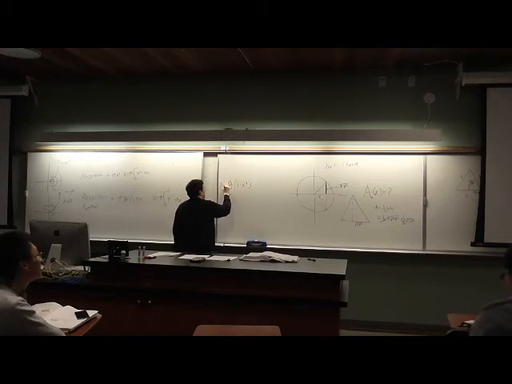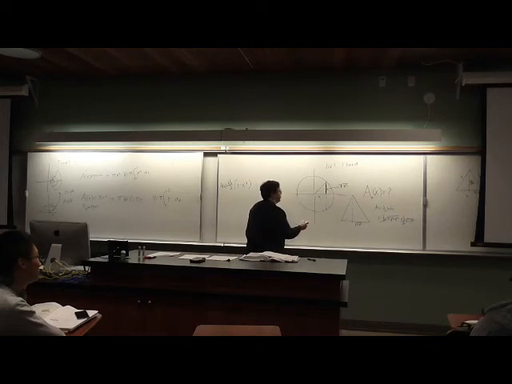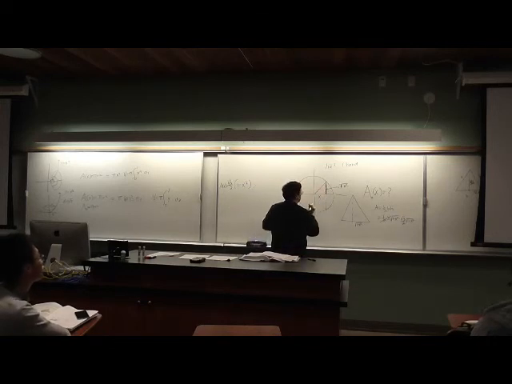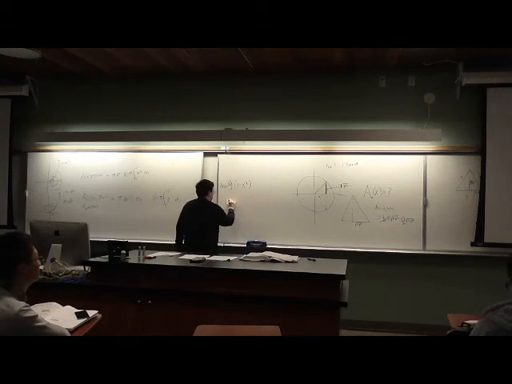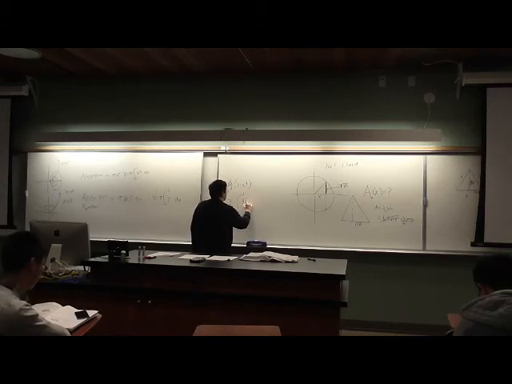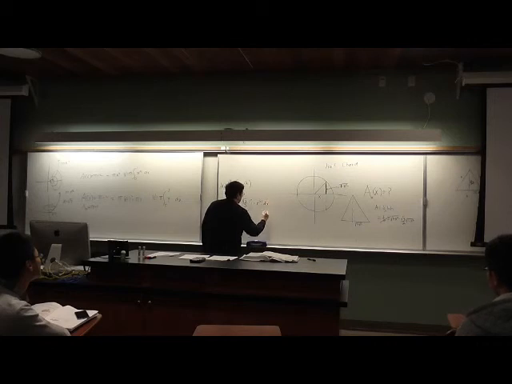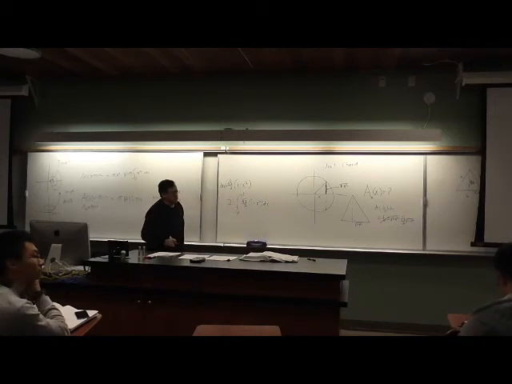That's our area function. From there, it should be pretty easy. I suggest you use the fact that this is an even function, and instead of going from here to here, let's just go from 0 to 1, the radius, 2 times this area function. And the rest should be pretty easy.